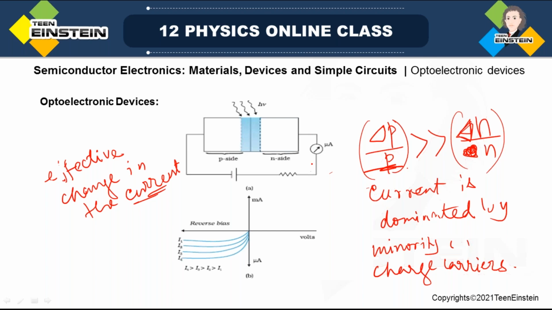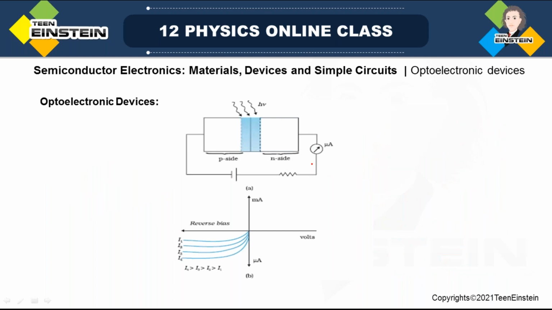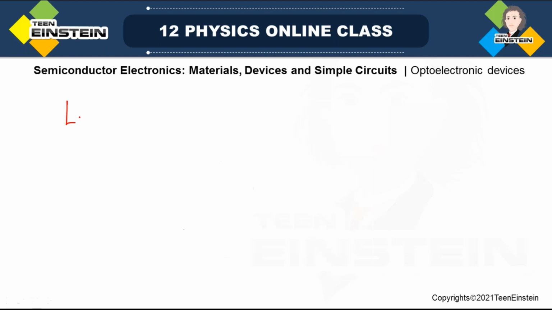This is very important. This question comes in board exams as well as various other exams, and fundamentally you should understand why photodiodes are operated in reverse bias condition. Now we'll go to the light emitting diode, or LED.